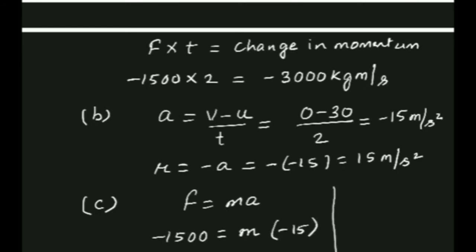If you calculate, m comes to 1500 upon 15, minus and minus are cancelled, so it comes to 100 kg. So this is the complete solution of question number 10. Thank you.